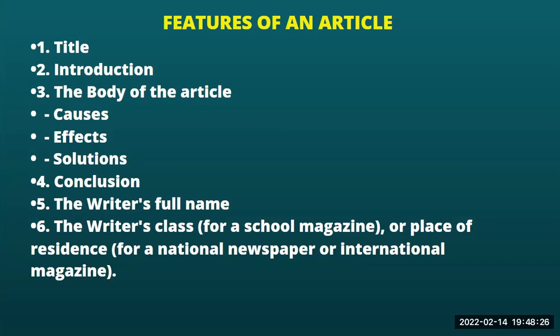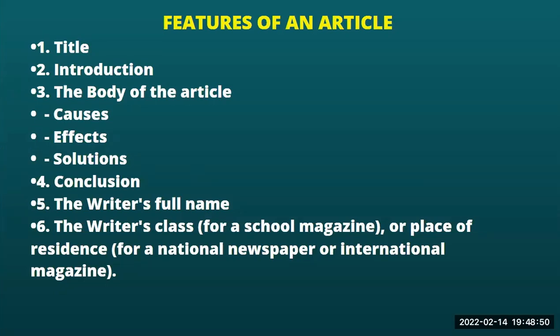Then the body of the article begins from paragraph 2, and that is where you discuss the causes, the effects, the solutions, as the case may be, depending on the topic and depending on the angle from which you want to approach the discussion.